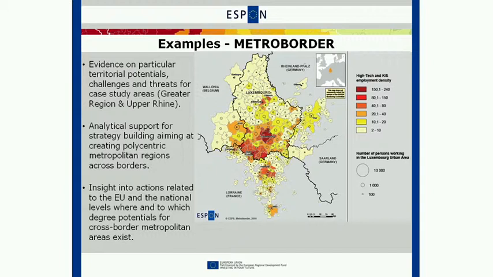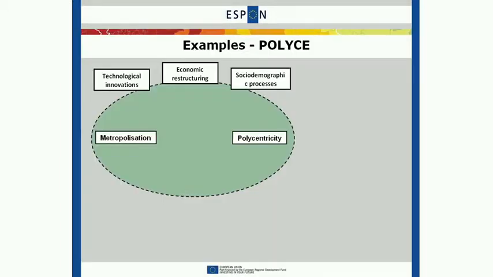So the project also provided analytical support for strategy building and for aiming at creating polycentric metropolitan regions across borders. And it also looked at a variety of other regions, not only the Upper Rhine and the Greater region, but some other case study regions in that respect throughout Europe.